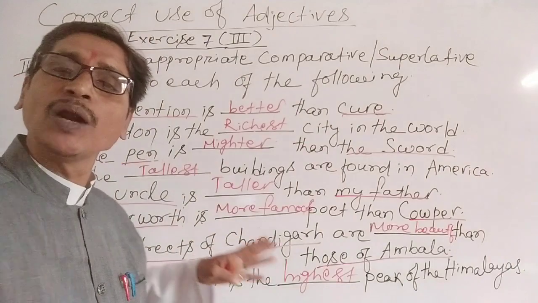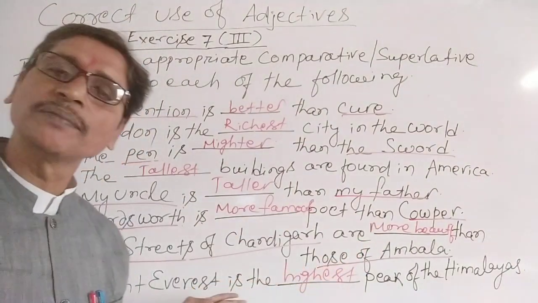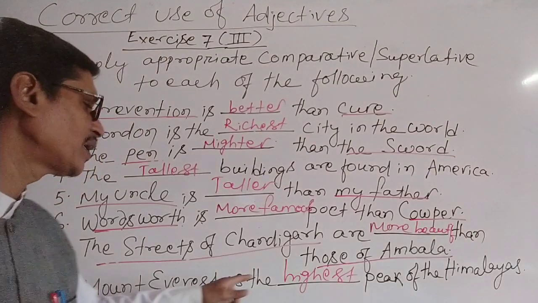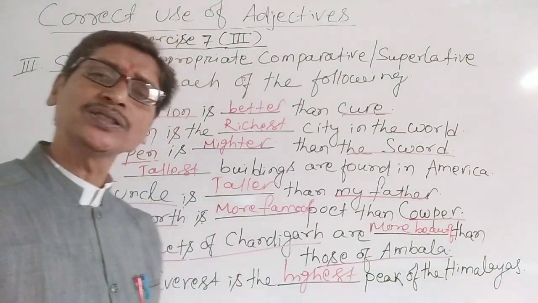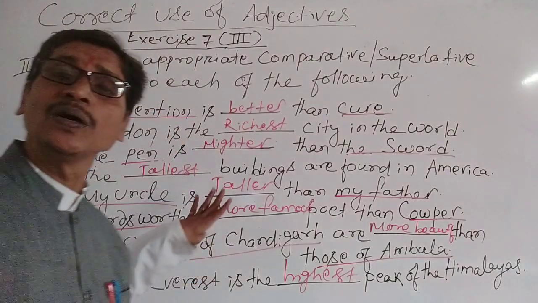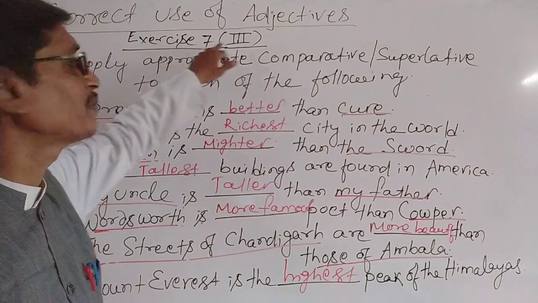We compare and we also expressed the superlative degree of some items, just like Mount Everest is the highest peak in the Himalayas. Okay, so besides these statements, we have some other statements still available under this exercise 7 part 3.